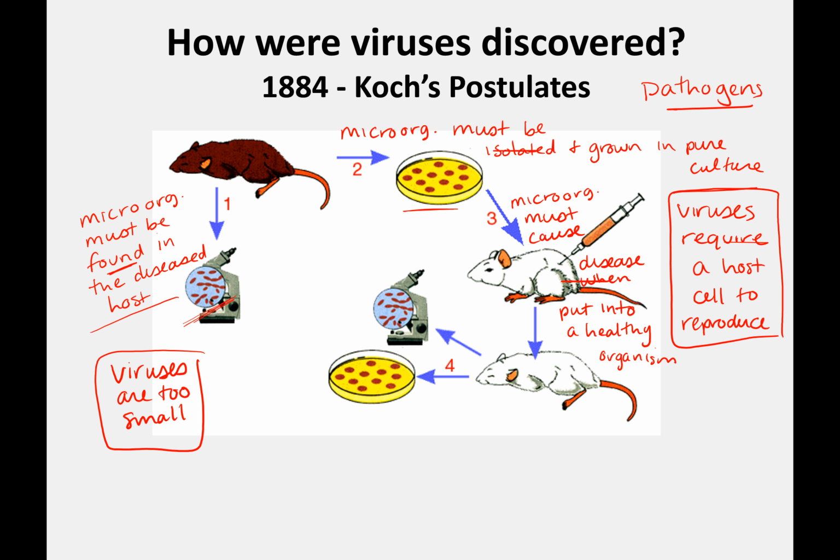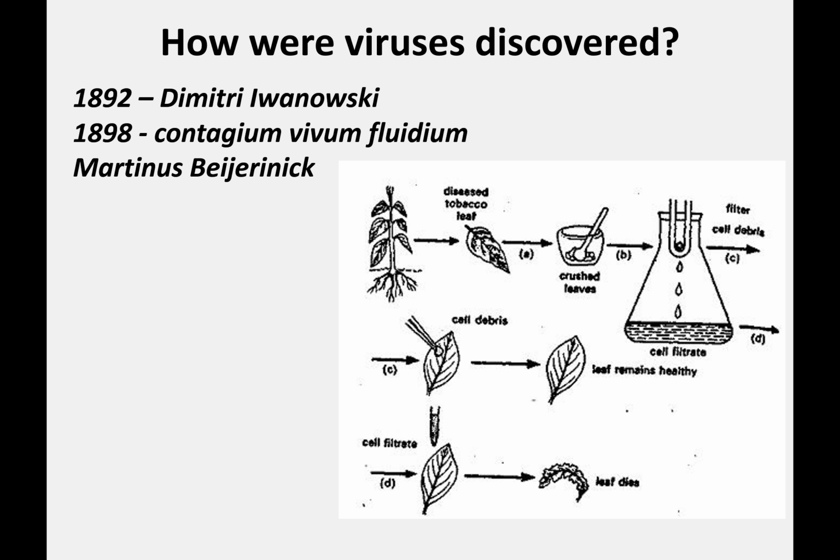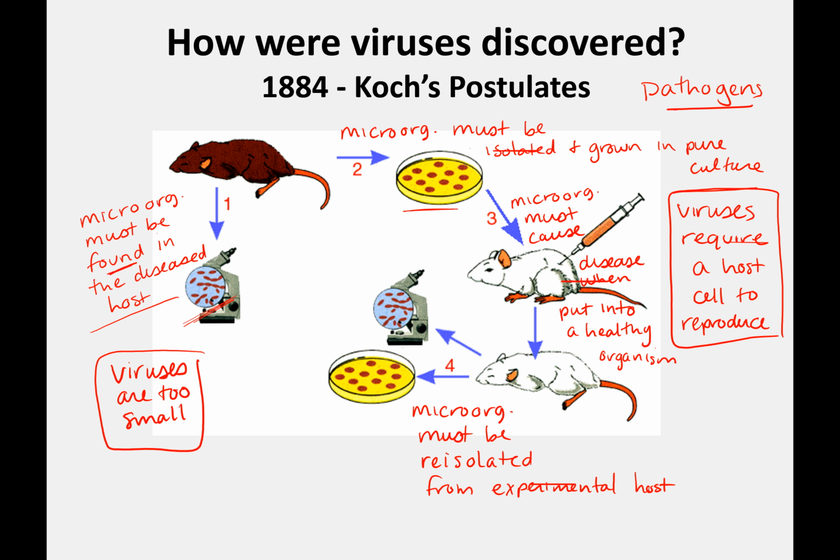And the fourth part is the microorganism, the same one that you got in step 1, must be re-isolated from this second host. And just like we said up here, it's very hard, at that time, to isolate viruses, grow them up, see them under the microscope.